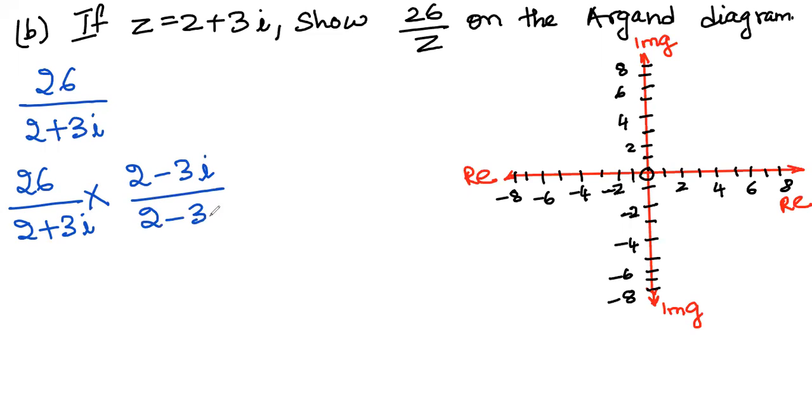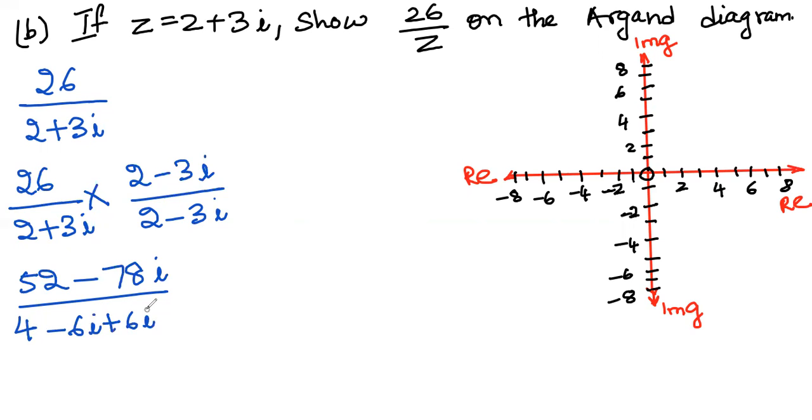Multiply and divide by the conjugate. So we get 26 times 2 is 52, 26 times 3 is 78i, divided by, and this is of the form a plus b times a minus b. So 2 times 2 is 4 minus 6i plus 6i minus 9i squared. a plus b times a minus b is a squared minus b squared.